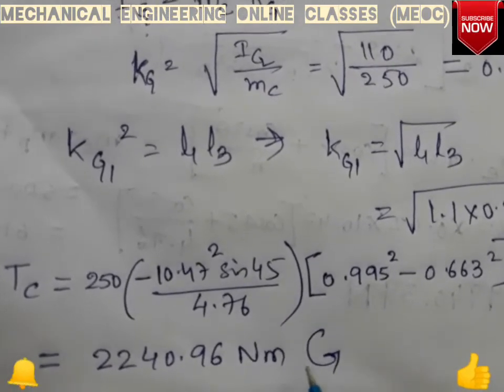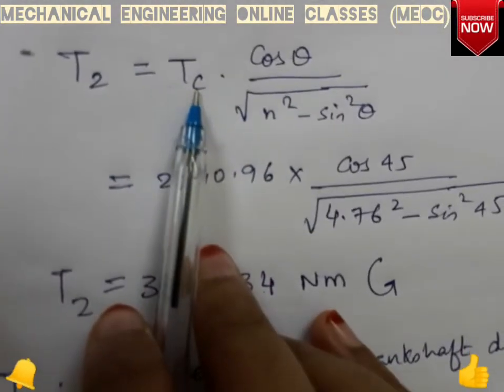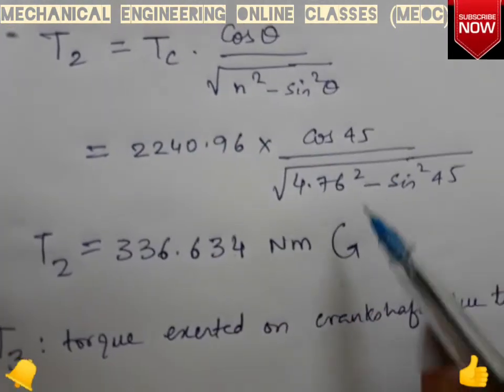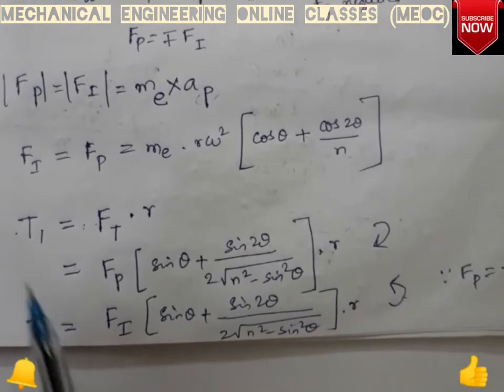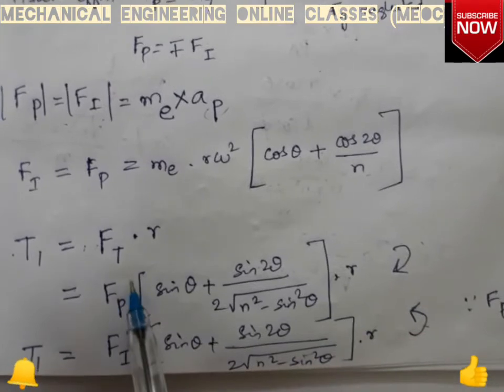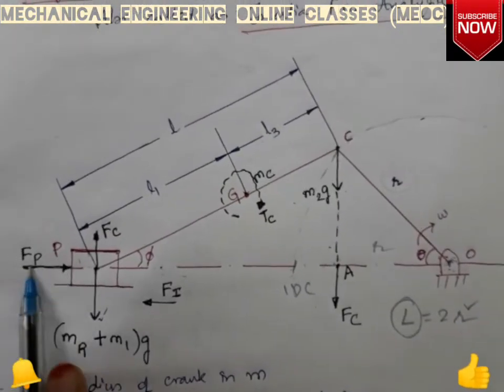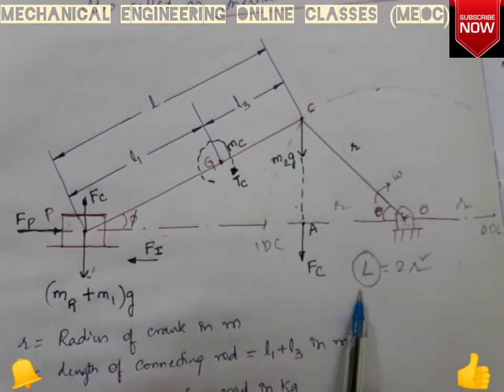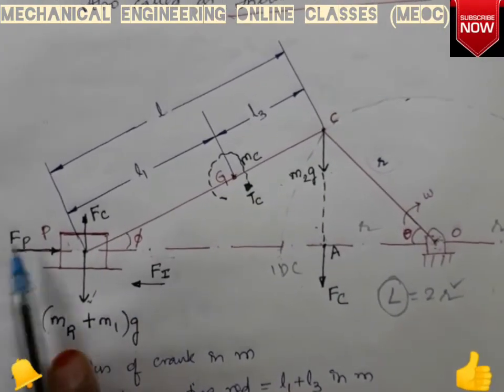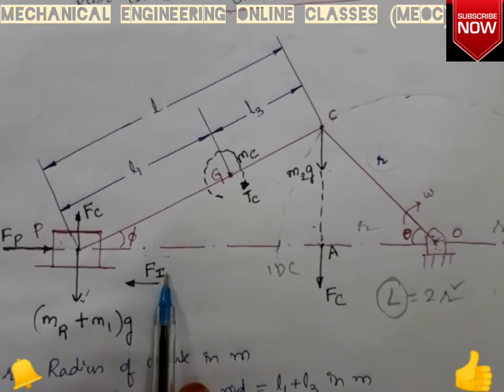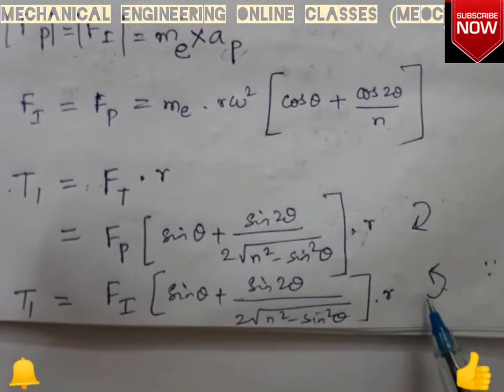Because of TC there exists T2. As TC is in counterclockwise direction, we get T2 also in counterclockwise direction. Also, in the last video we discussed that T1, the torque due to piston effort Fp, will be in counterclockwise. Since Fi is in opposite direction to Fp, the torque due to Fi will be in counterclockwise direction.